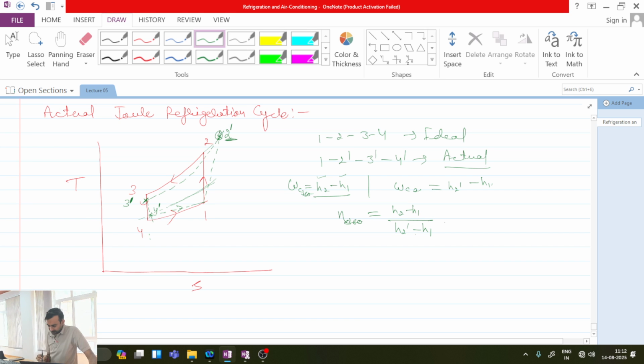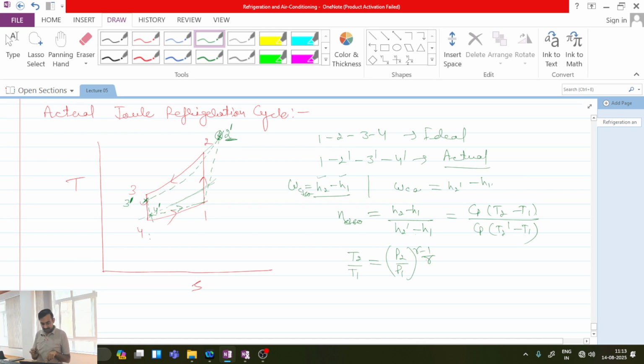Okay, and this further can be written in terms of Cp into T2 minus T1 based on the air standard assumptions, and Cp into T2 dash minus T1. So from here you can calculate the value of T2 dash. Okay, so in a numerical problem, for an isentropic process, T2 by T1 will be equal to P2 by P1 raised to gamma minus 1 by gamma.